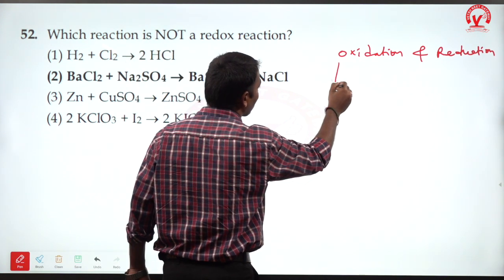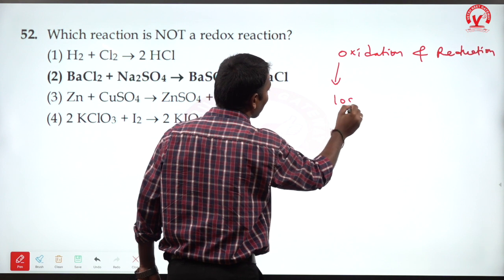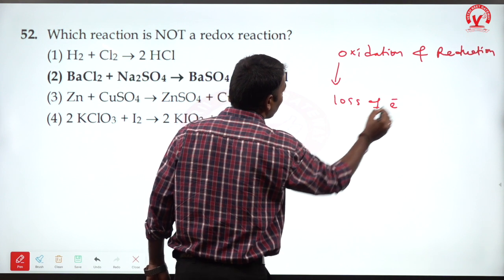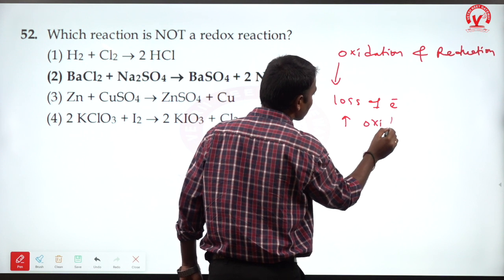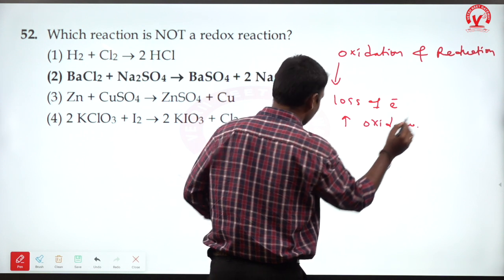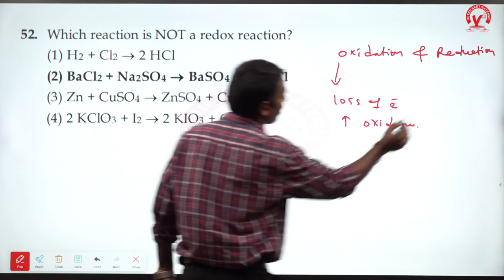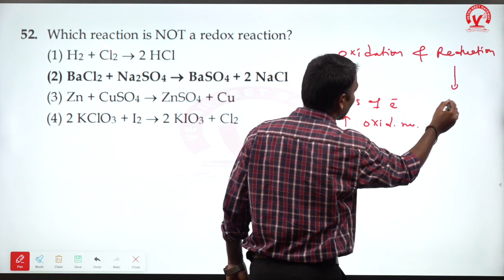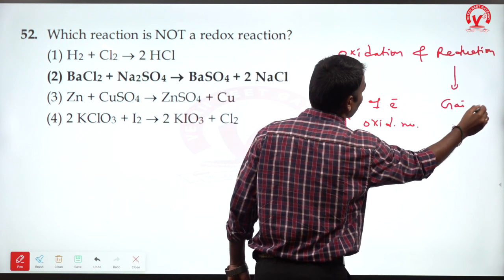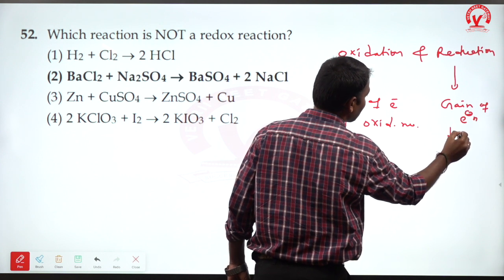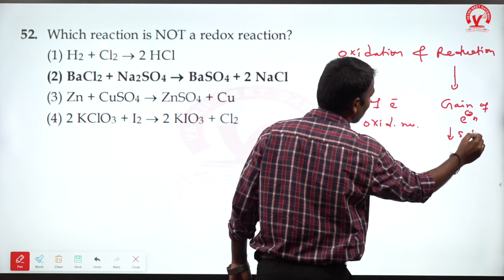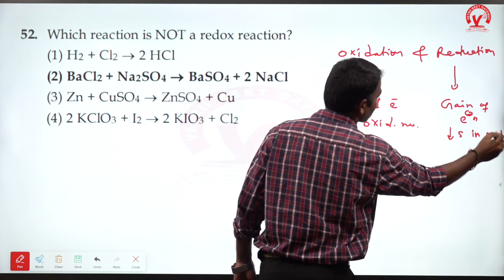Oxidation means loss of electrons or increase in oxidation number. Reduction means gain of electrons or decrease in oxidation number.